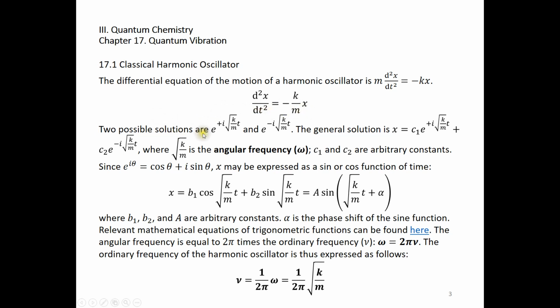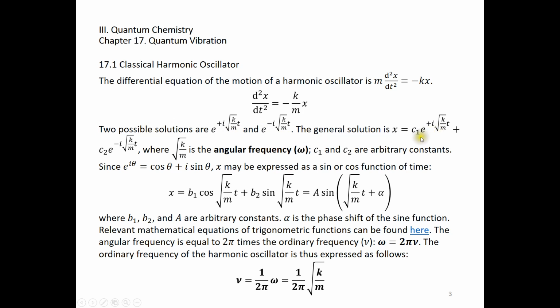Two possible solutions are e to the power of plus i times the square root of k over m times t, and another is e to the power of negative i square root k over m multiplied by t. Also similar to the solutions to a free particle. The general solution is a linear combination of these two solutions.